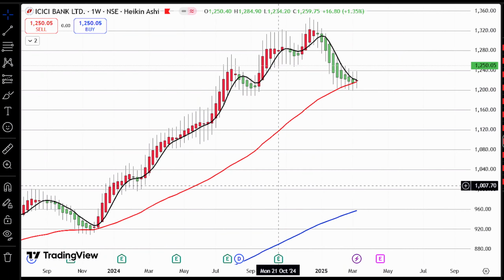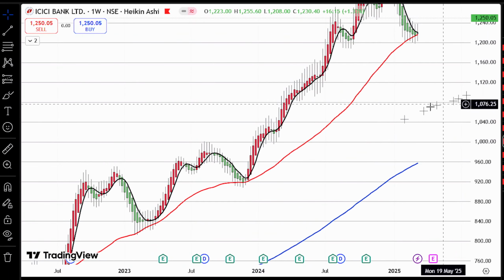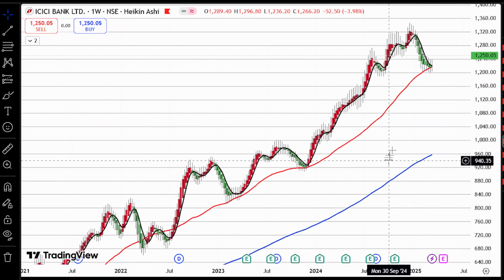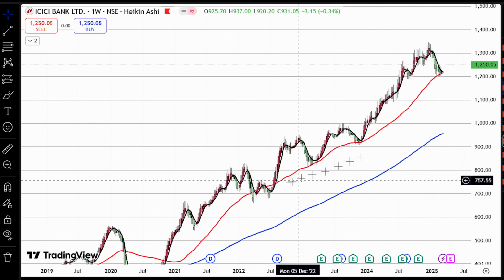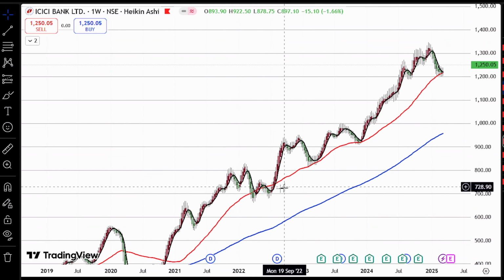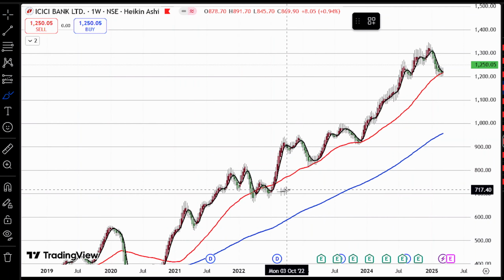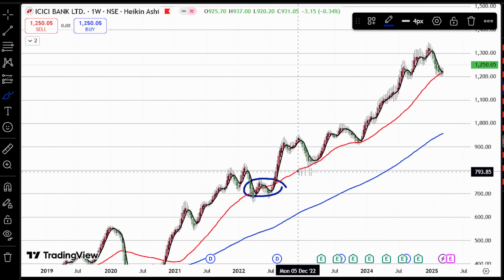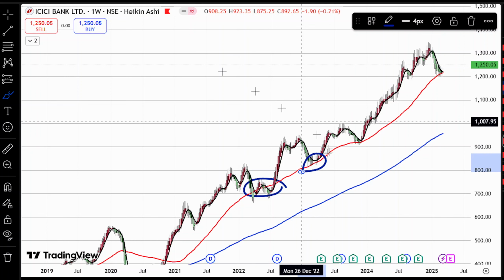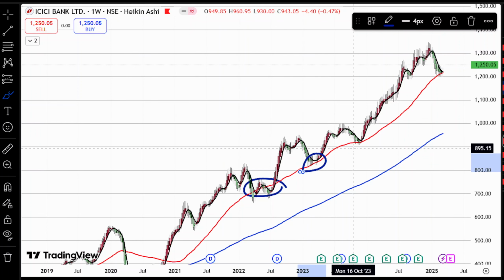Okay, we can see here, we zoom out. You can see all the way here, this is respecting the 50-week moving average line, as you can see here.